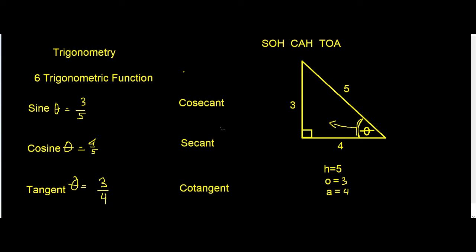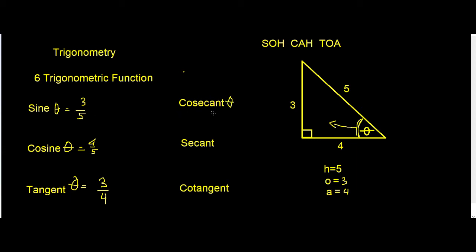Ngayon, paano naman yung cosecant, yung secant, and the cotangent? Well, these 3 are the reciprocals of the 3 main functions, which are the sine, cosine, and tangent. So, ibig sabihin, you just get the reciprocal of the sine to get the value of the cosecant theta. Babaligtarin mo lang yung value ng sine theta.